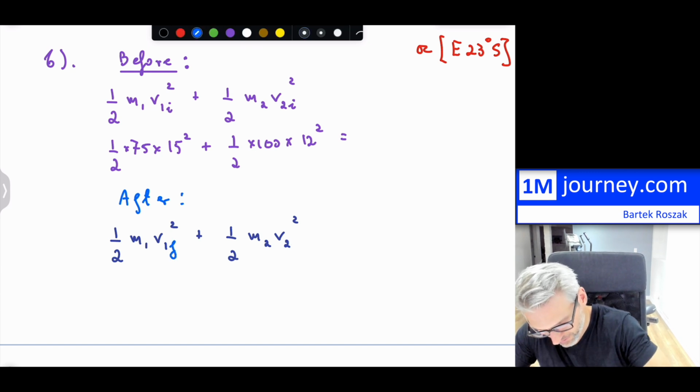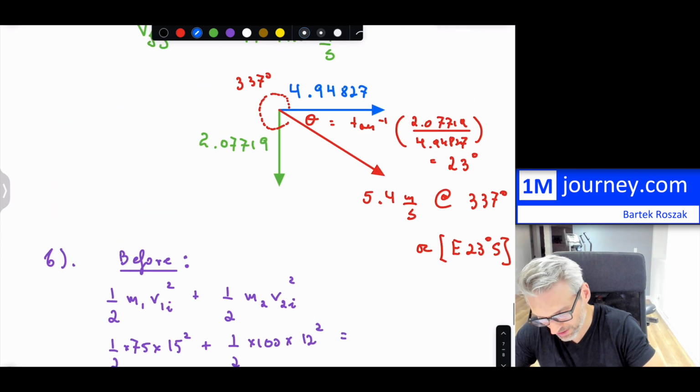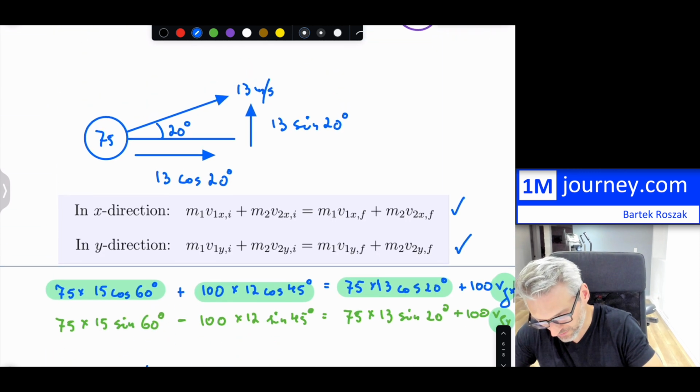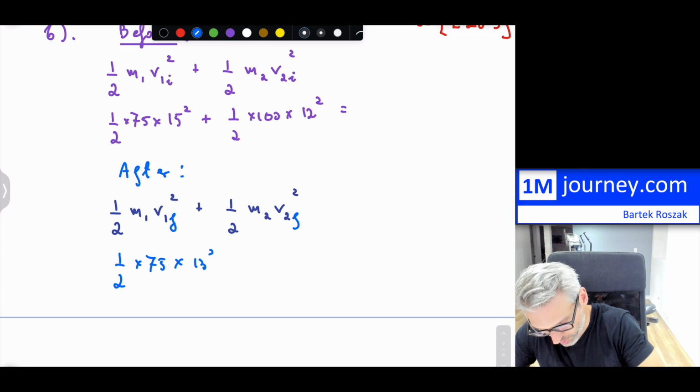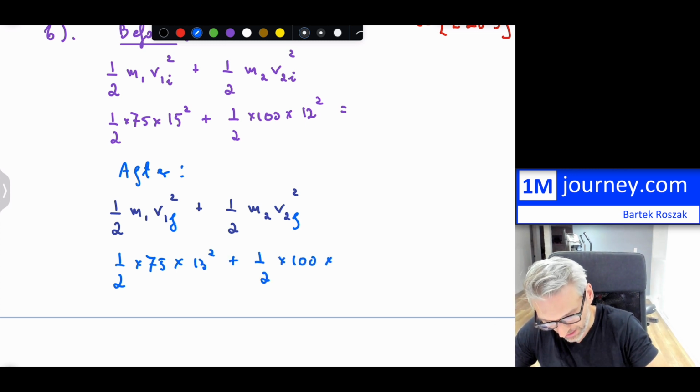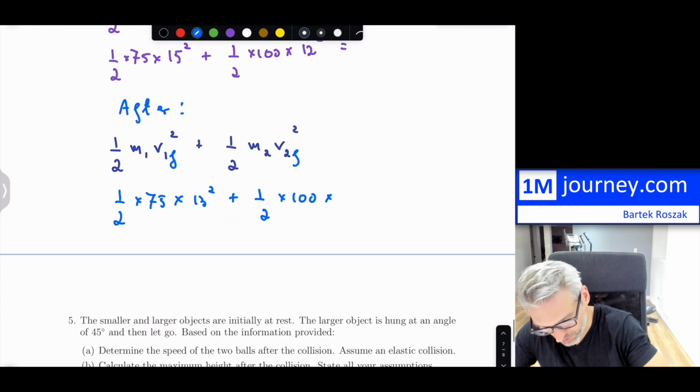So a little f. Now this is 1/2, again, 75 multiplied by, and this one was moving at 13 squared, plus 1/2 times 100, and this one was what we just found, which is 5.4 squared.